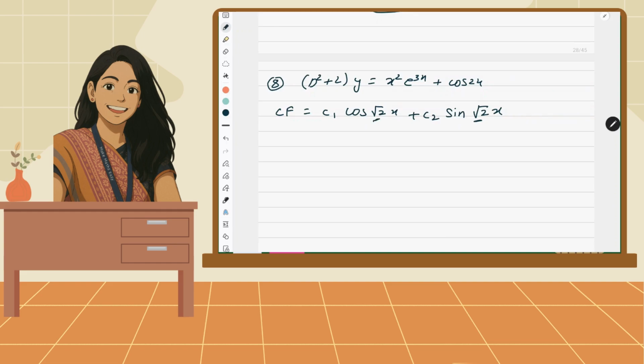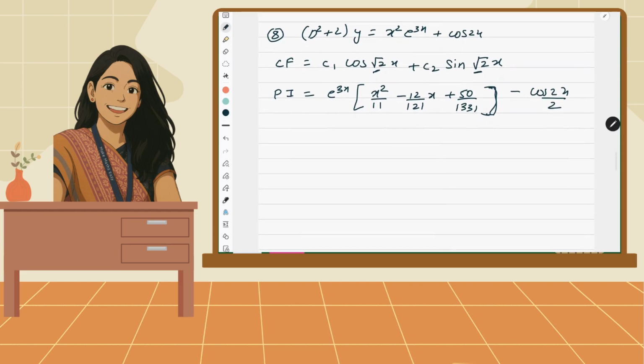It is perfectly okay to get the decimals. It is perfectly okay to get the roots. Then pi will be equal to, total pi I am writing pi1 plus pi2, e to the power 3x, x square by 11 minus 12 by 121x plus 50 upon 1331.